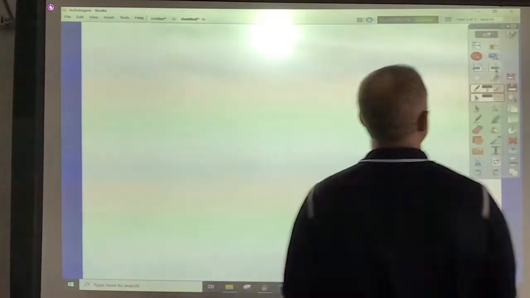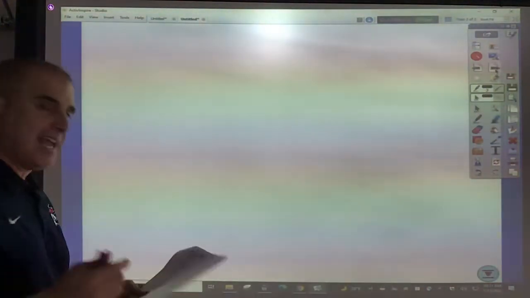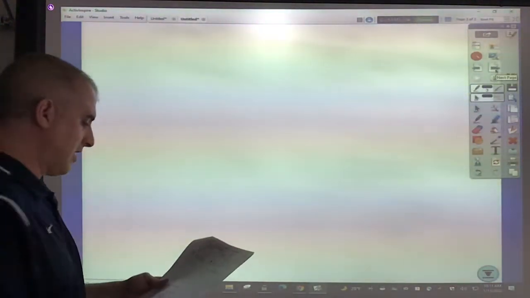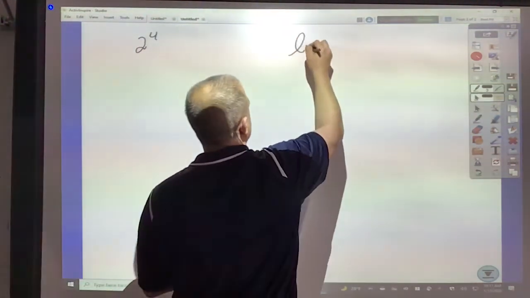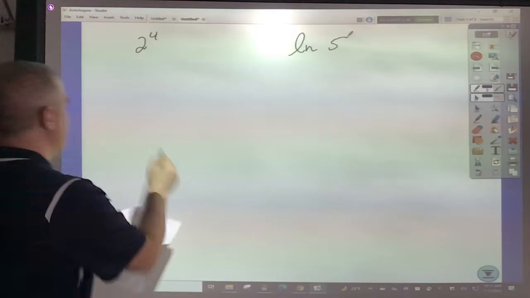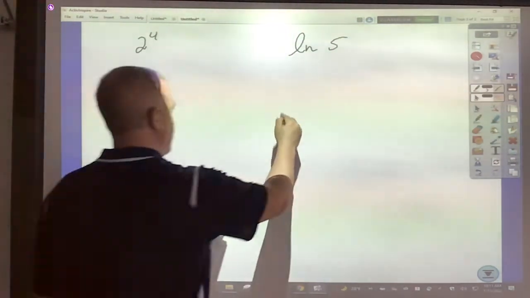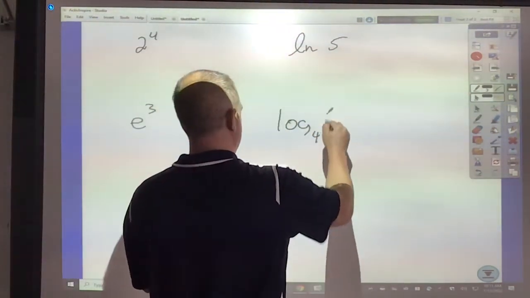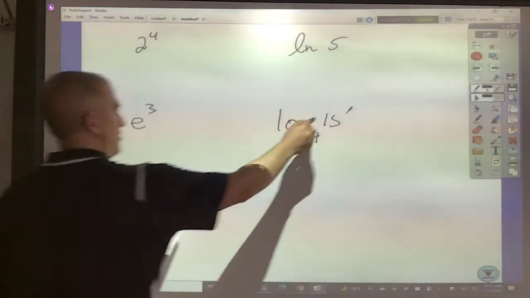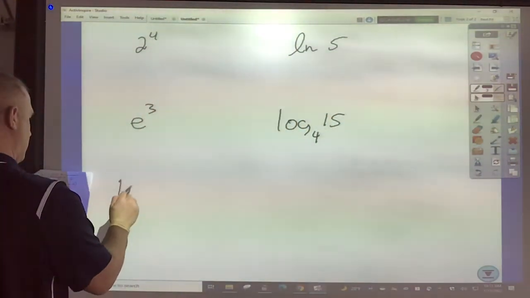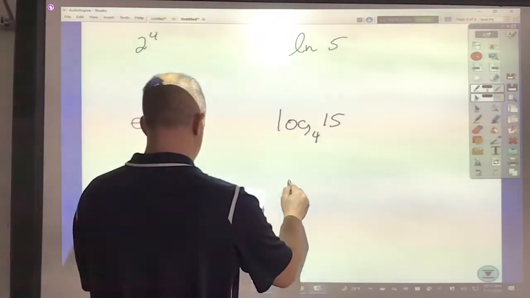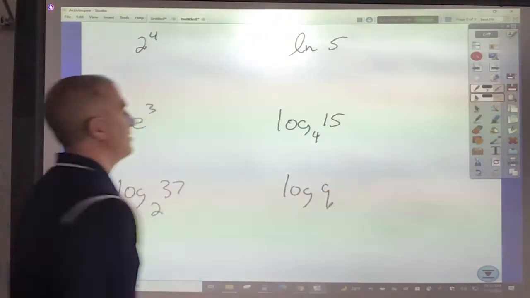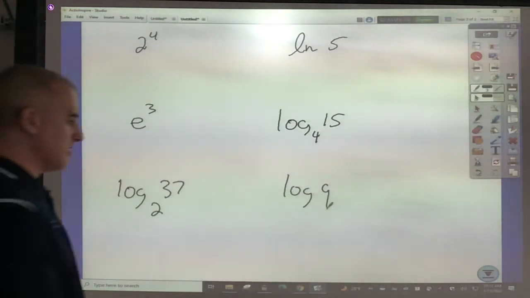Now, from a calculation standpoint, some calculations are easy. I just want to go over in the calculator how to do some of these things. Some of these calculations are pretty simple.